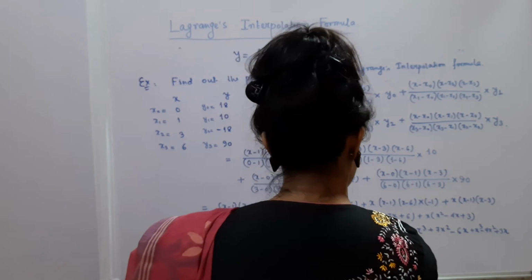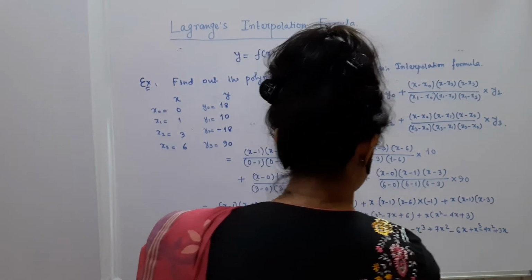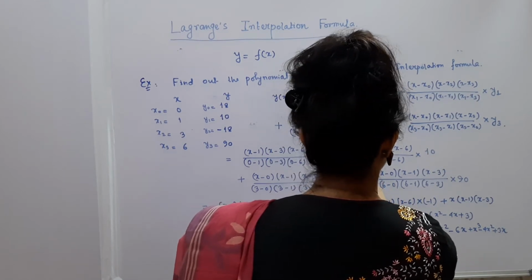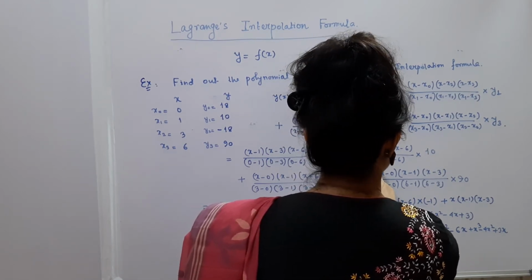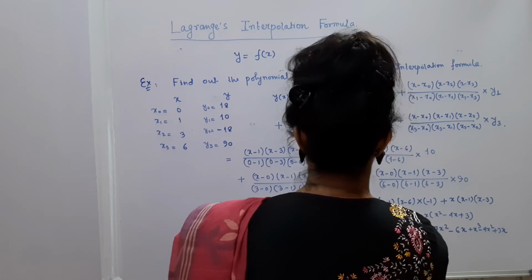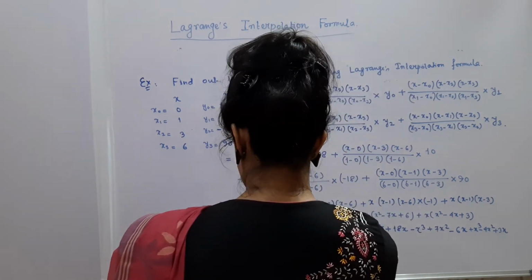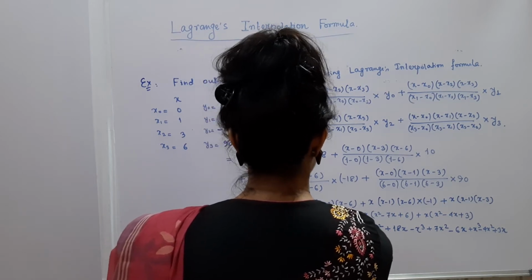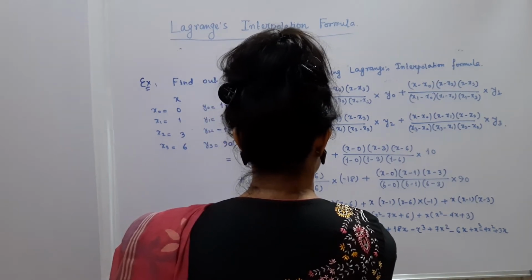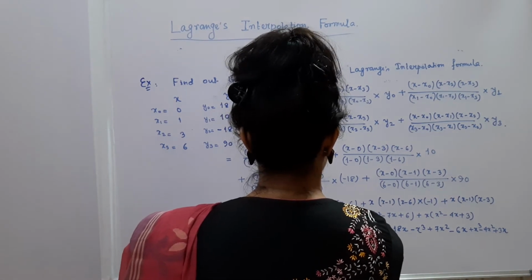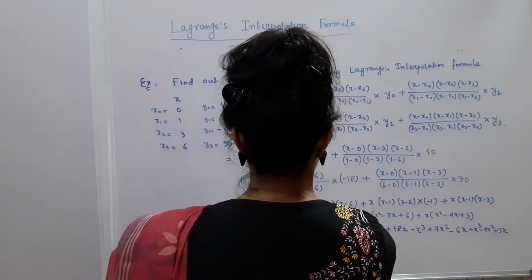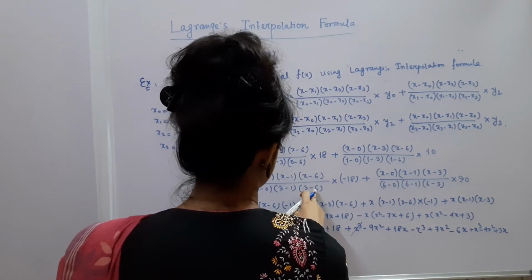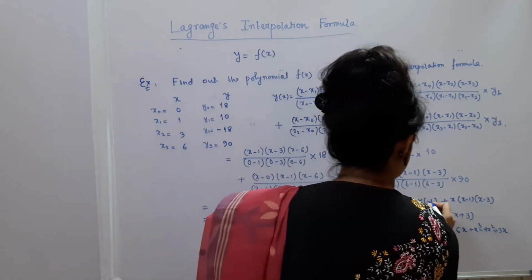Now in the next term, x cube minus 9x square plus 18x, and here look at the term, that is 3 minus 1 is 2 and 3 minus x. So here this is 2, this is minus 3, and this will be plus 1.